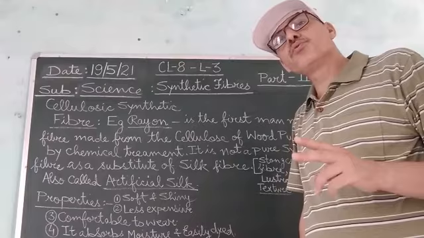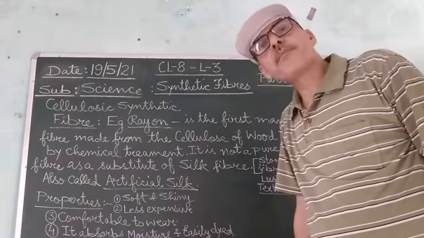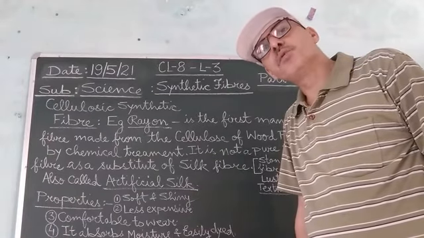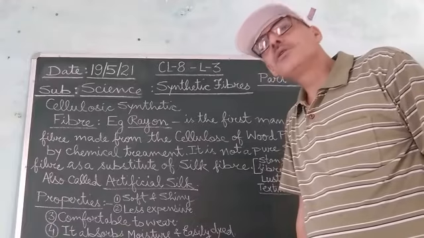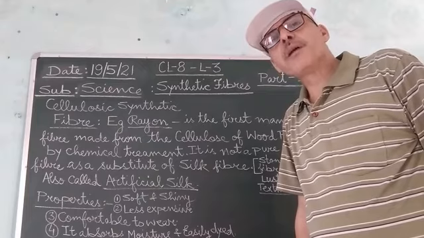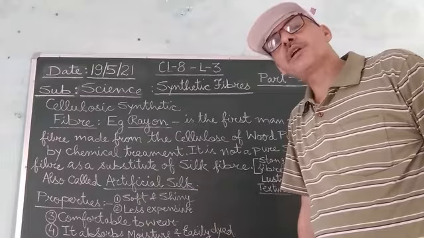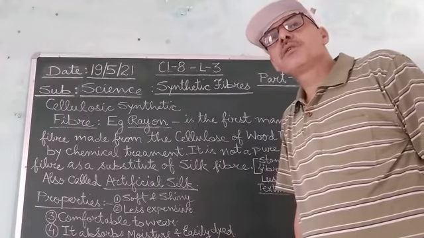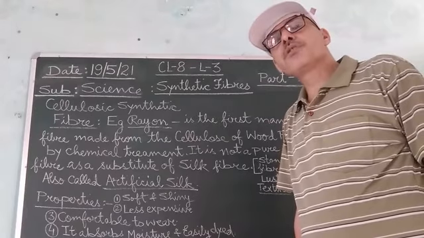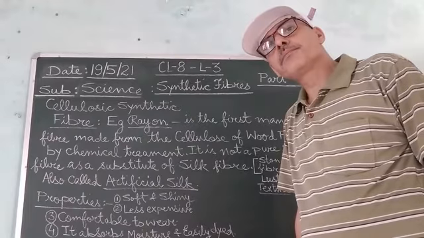And the names of two such wrinkle free fabrics are polycot and polywool. So polycot is a wrinkle free fabric which is made by mixing the polyester fiber with the cotton, whereas polywool is the wrinkle free fabric which is formed as a result of mixing of the polyester fiber with that of the wool fiber.